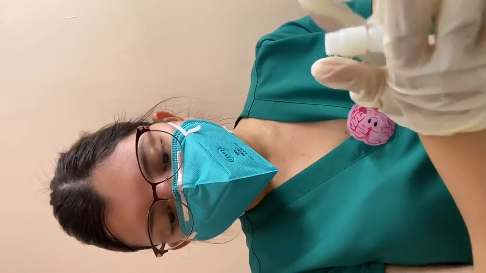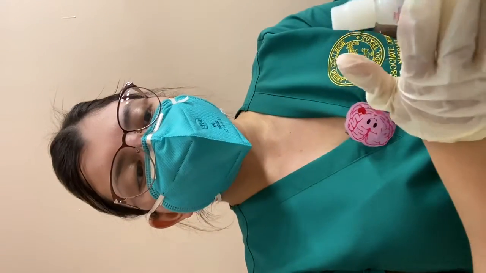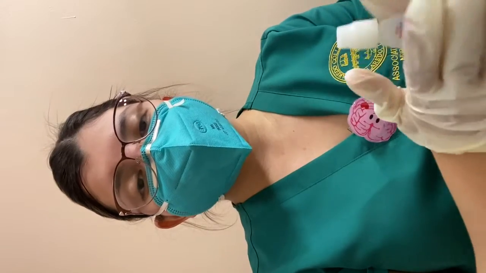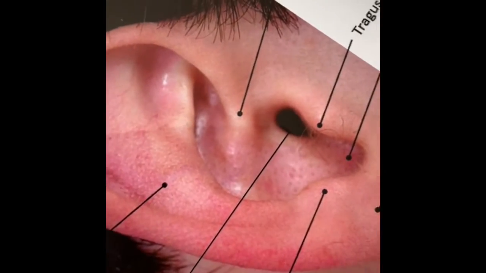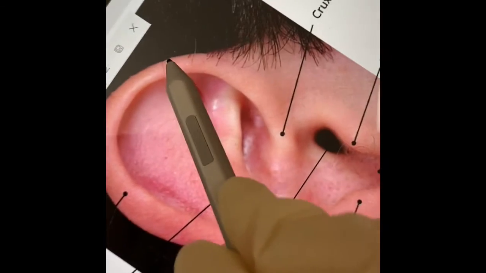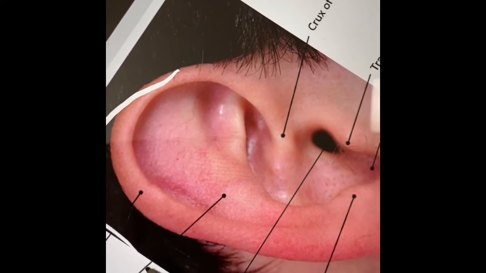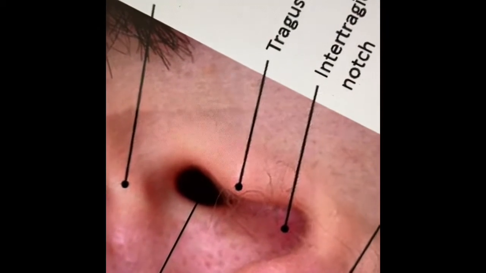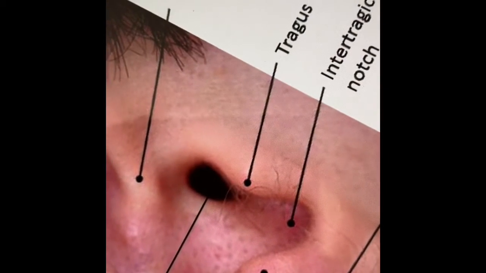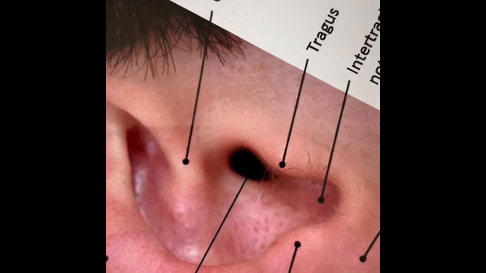By doing so, we will prevent dizziness for the patient if it is administered cold. We then proceed by lifting the helix of the ear up and back in order to expose the ear canal, making it easier to access the point where the drops will be placed.